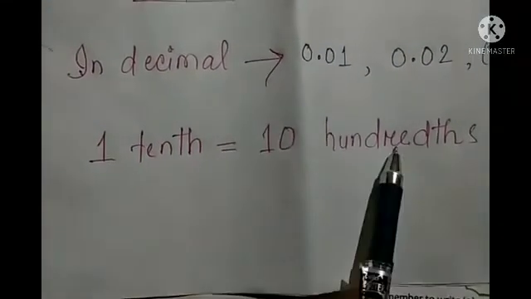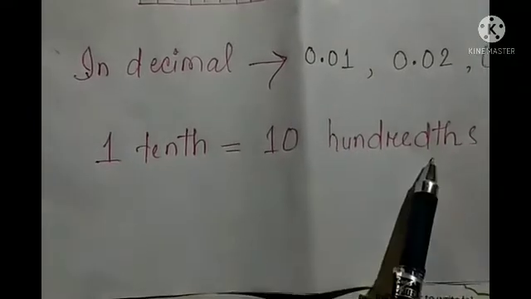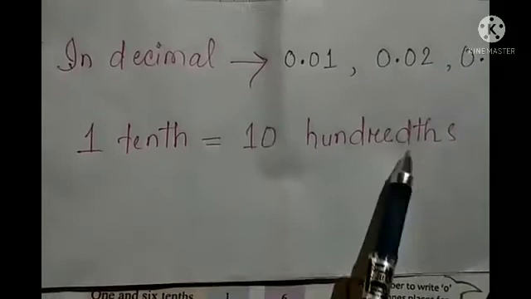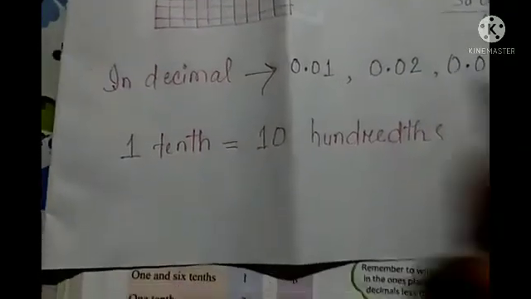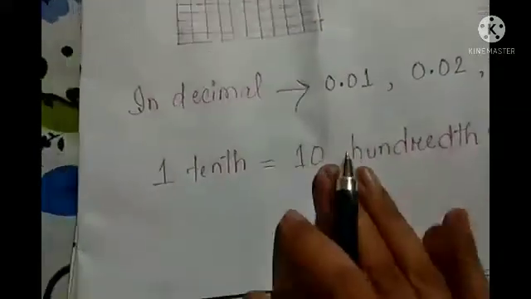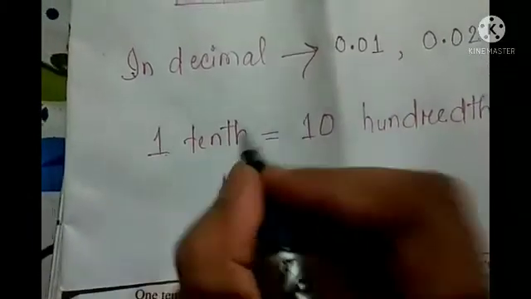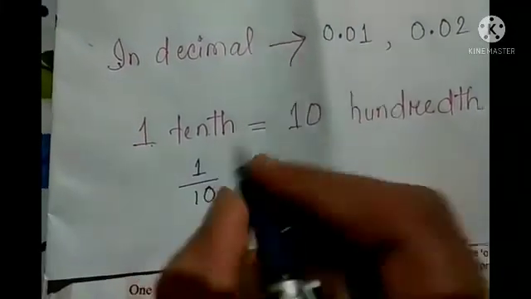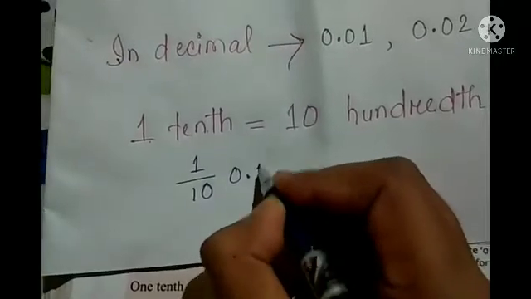Okay students, we will explore some more examples, but here one thing you should understand: 1/10 is equal to 10 hundredths. Okay, 1/10 is equal to 10 hundredths. Now you can ask me how it is happening. So see, 1/10 means what, students? 1 by 10, right? Or you can write 0.1.